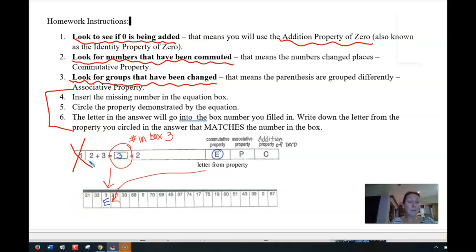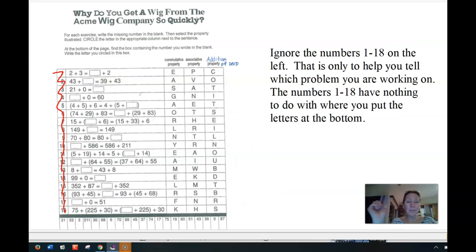Not the number 1 that was on the left-hand side. Well, the number 1's not even a box down at the bottom. So because I put the number 3 inside the box, that's the box that I go to at the bottom. And then I put in the letter that I circled that is the property that was used for that equation. Okay, so I hope that helps. This is what the homework looks like at the end.